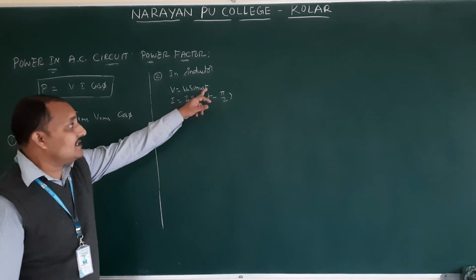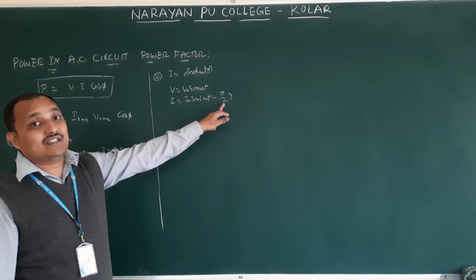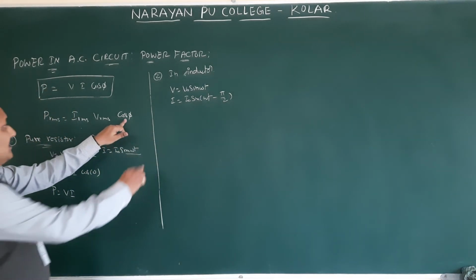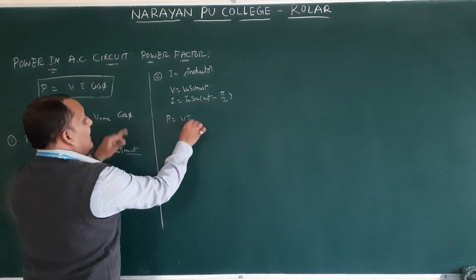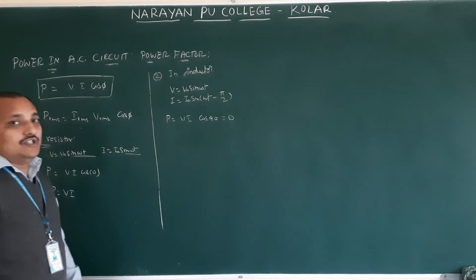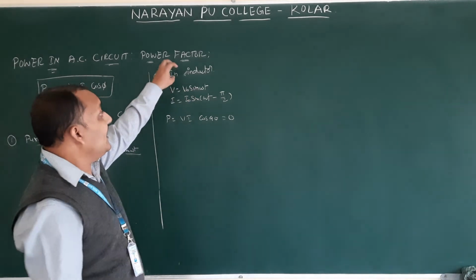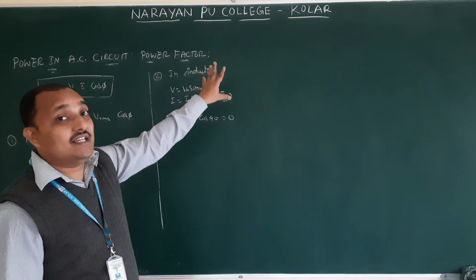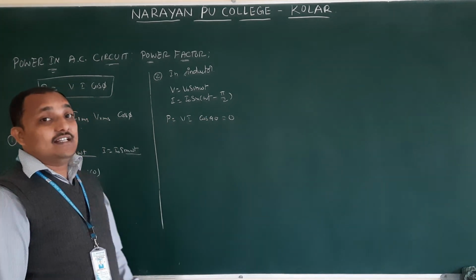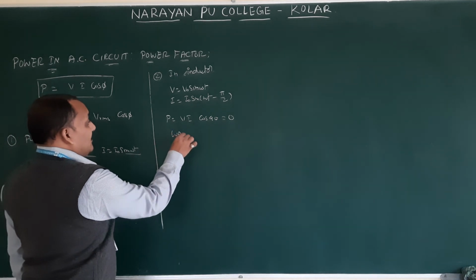The phase difference between these two is pi by 2, which means 90 degrees. Power P is equal to V I cos 90. Cos 90 value is 0, so the power dissipation in a pure inductive circuit is 0. Power is 0, but current is not 0. Therefore, this current we call wattless current.